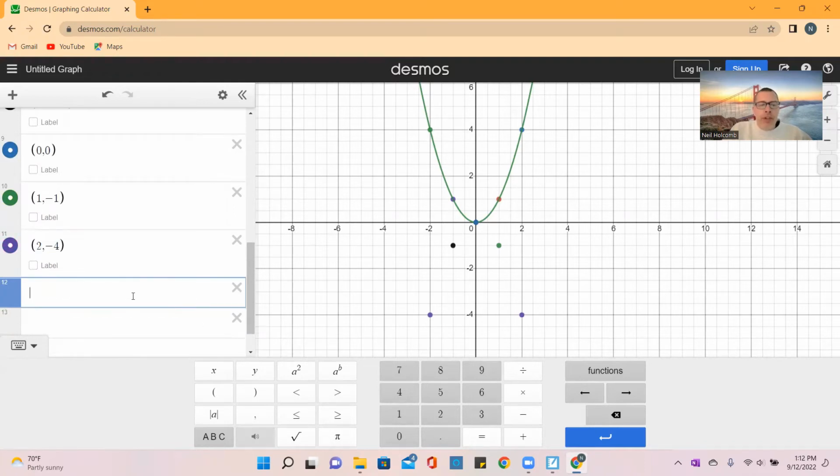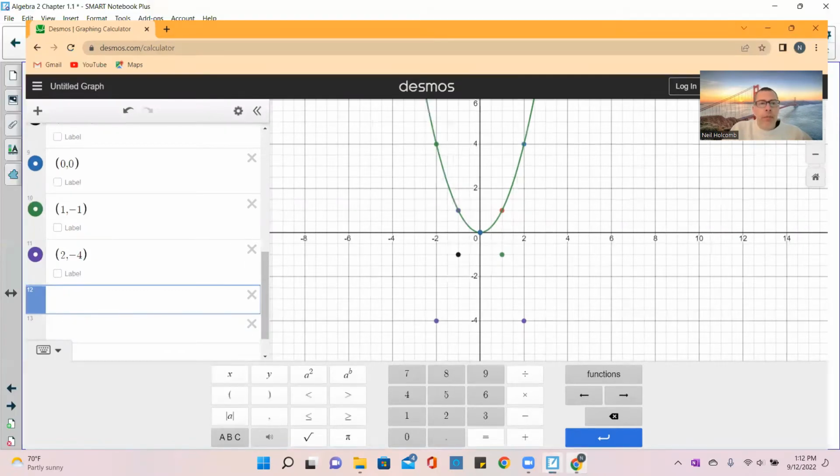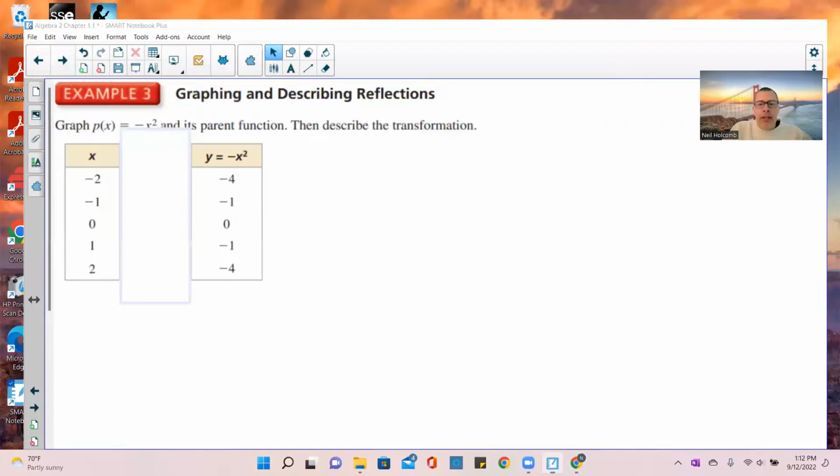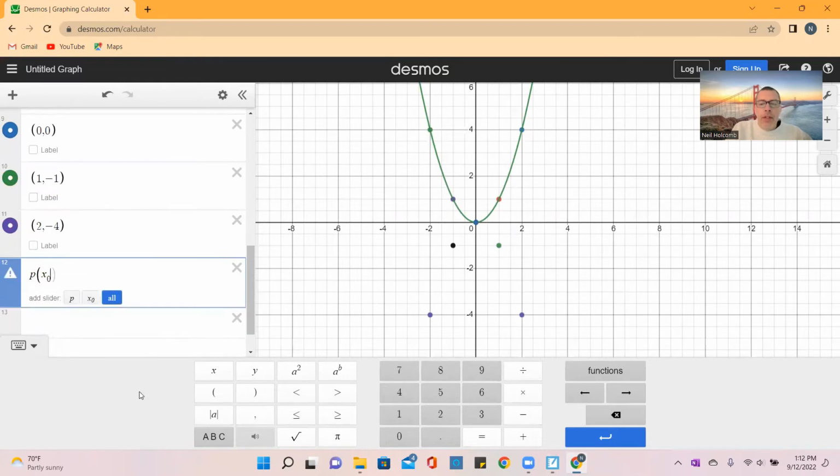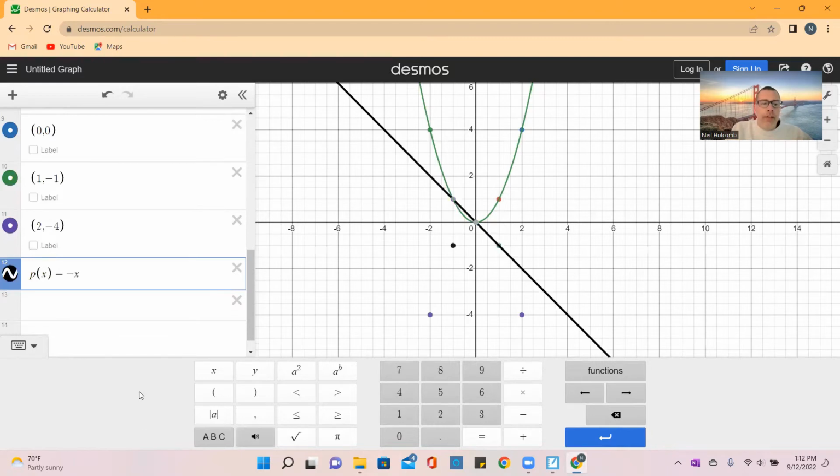Now if I graph the function, I'll use function notation. P of x equals -x squared. Okay, so I'm going to put P of x equals -x to the power of 2.